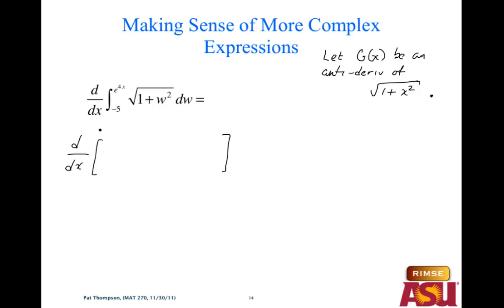Okay, so what should it be? So now we can rewrite this accumulation function as, if G is an antiderivative of radical 1 plus x squared, then this accumulation function can be written as G of e to the 4x minus net change.